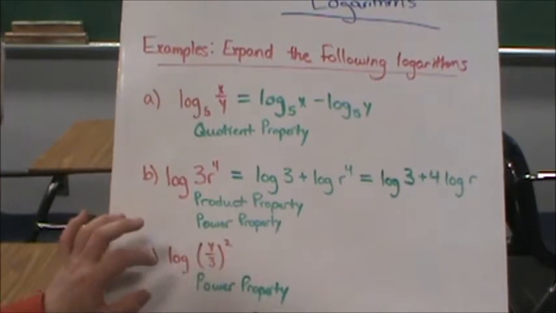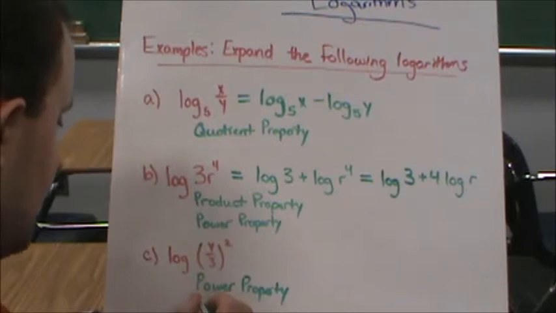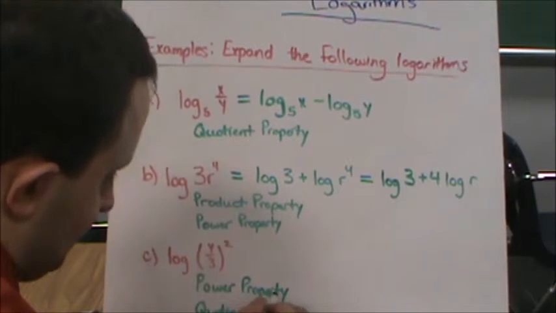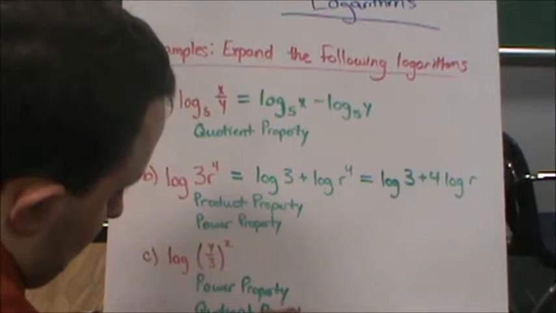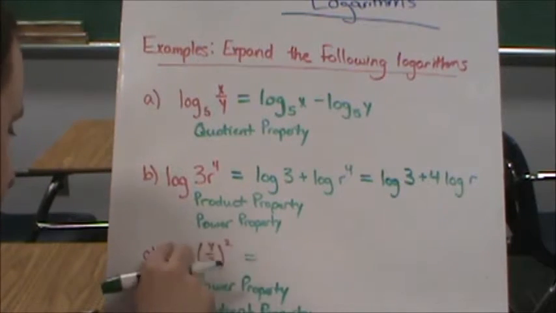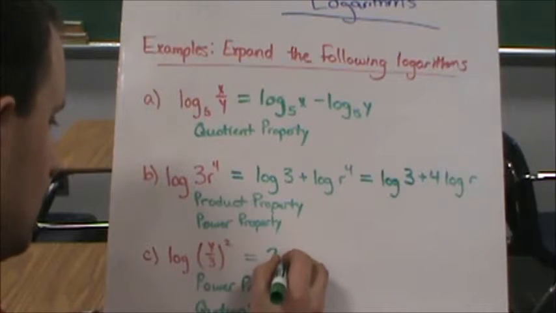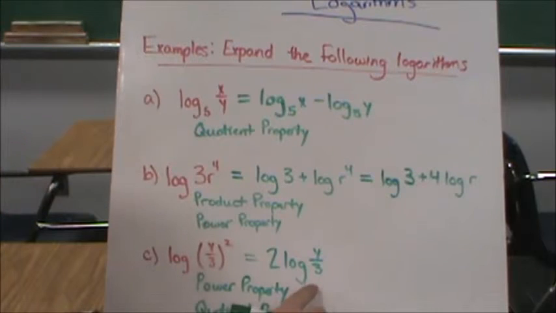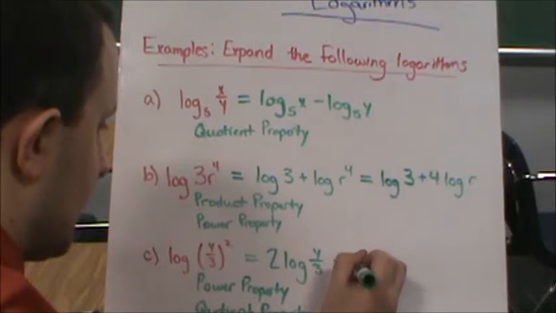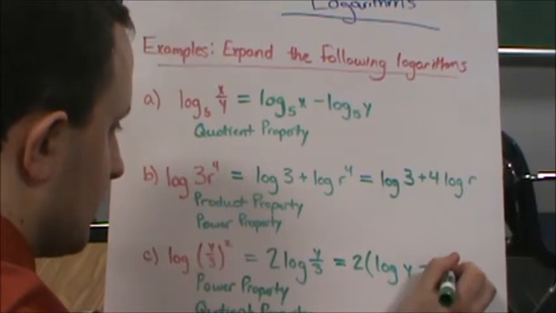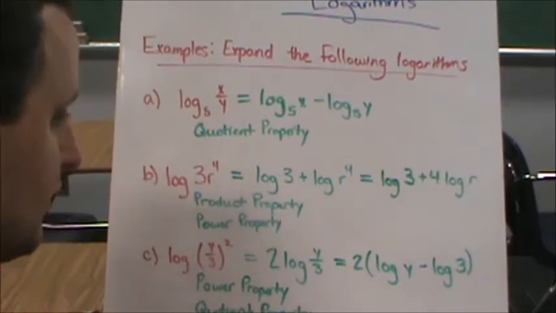And then once you take care of the power property, then you could work with the y divided by 3 and do the quotient property. So when you do the power property first, this 2 comes out in front of the logarithm to get 2 log of y over 3. And now, since you've taken care of the power property, you can take care of the quotient property and make it 2 times log of y minus log of 3.